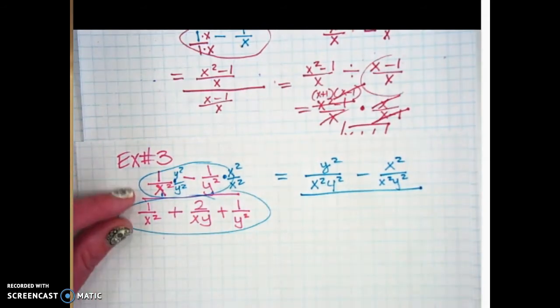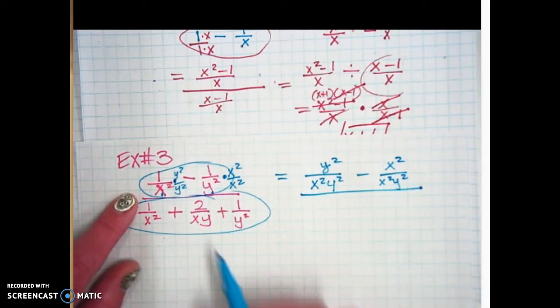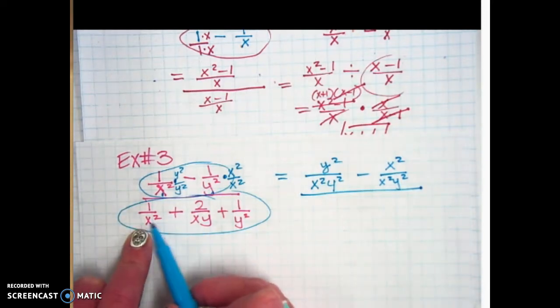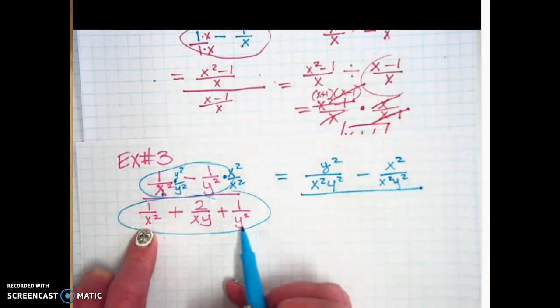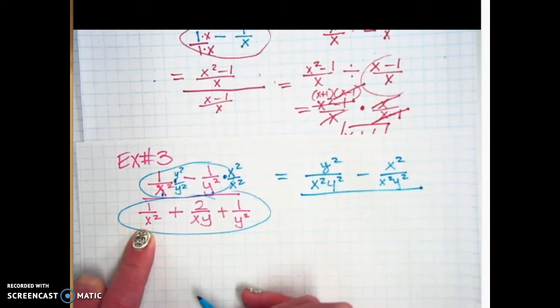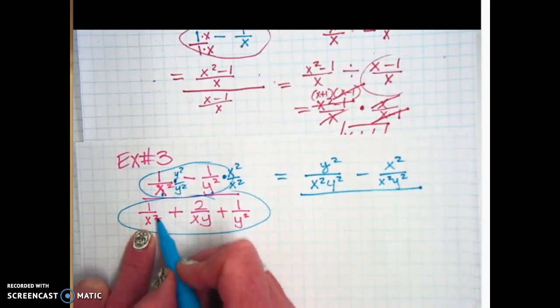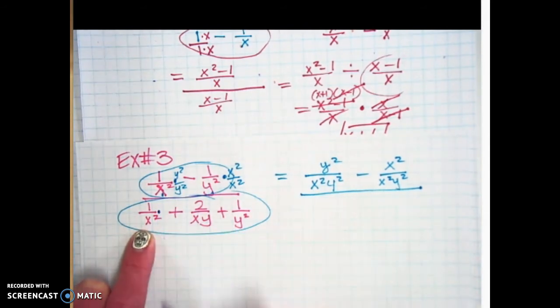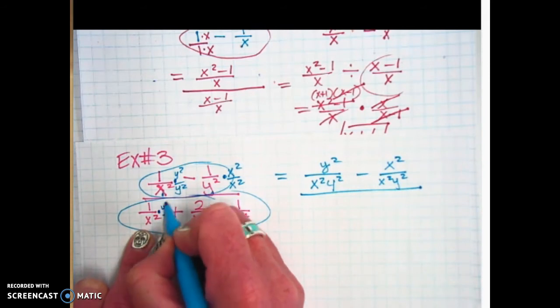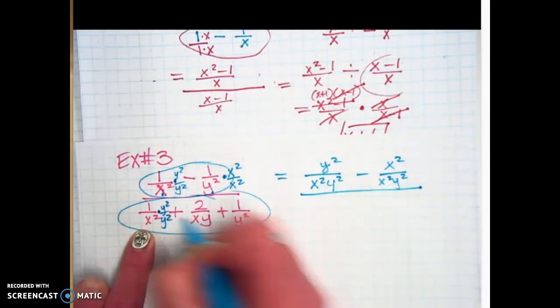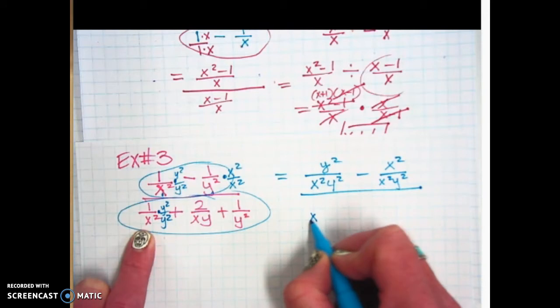Now we're looking at the denominators of the denominator, and we're looking for the GCF. So we've got an x squared and a y squared as well. X is going to go into x squared, and y is going to go into y squared. So we need to take the first fraction and multiply it by y squared over y squared. That'll get the denominator to x squared y squared.